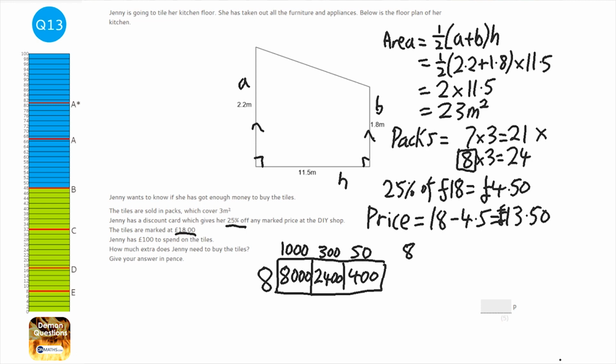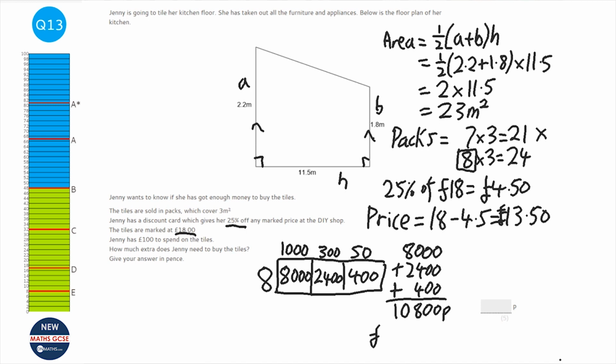So it's going to be 8,000 plus 2,400 plus 400. Okay, so the 4 plus the 4 is 8, and the 8 plus the 2 is 10. So that's in pence, so that's going to be £108.